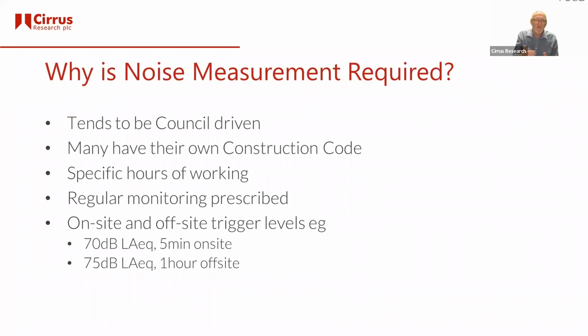So a couple of typical ones there for on-site and off-site trigger levels. They may even decide you need to measure off-site as well as on-site. 70 decibels LAeq, average noise level, every 5 minutes on-site, or slightly higher as a 1 hour average off-site. I'm not saying that's the case everywhere. It certainly isn't. It's just some typical levels that I've seen from various councils.